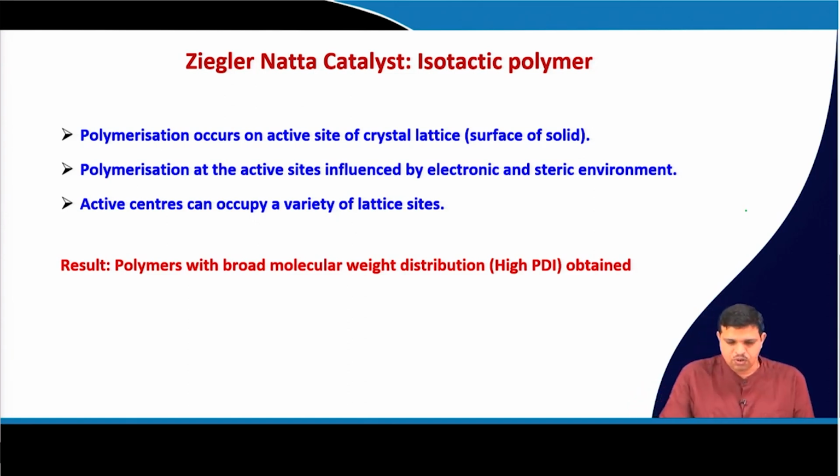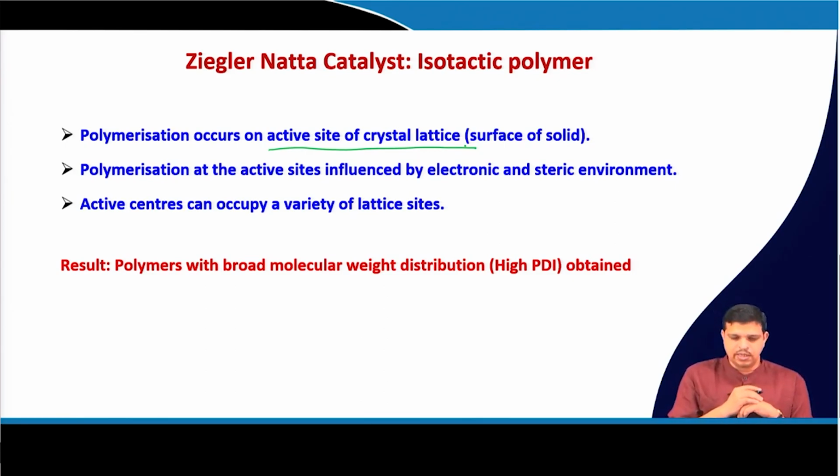Polymerization occurs on the active site of the crystal lattice, that is, on the surface of the solid, and this active site is influenced by electronic and steric environment, which is why we get different rates of polymerization depending on where the vacant site is.